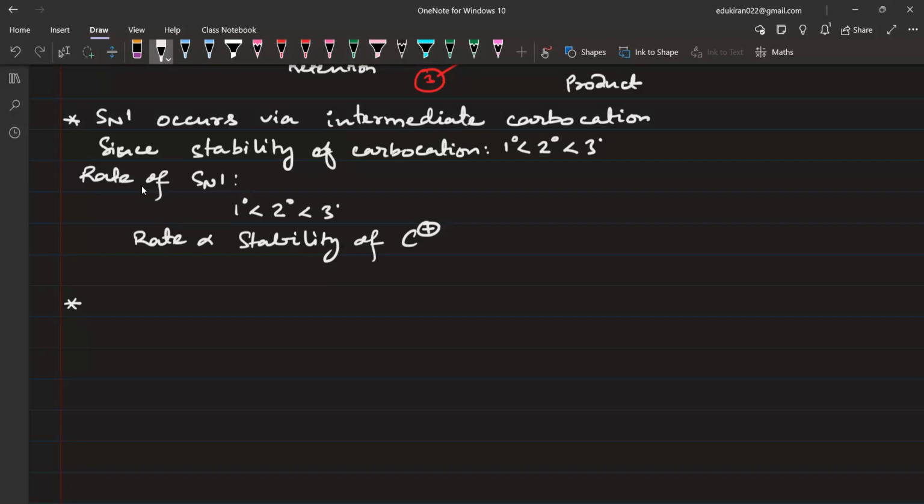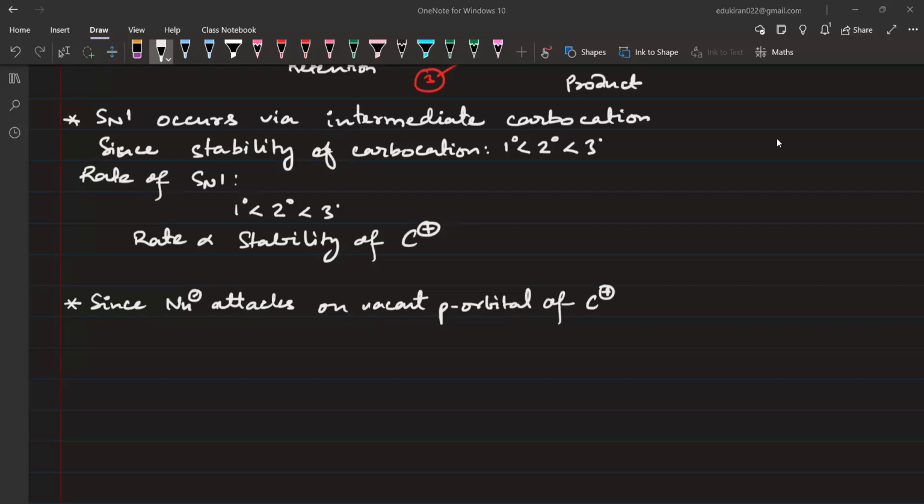Next point is regarding the next step. You'll write, since nucleophile attacks on the vacant p orbital of carbocation, it can attack on either side.